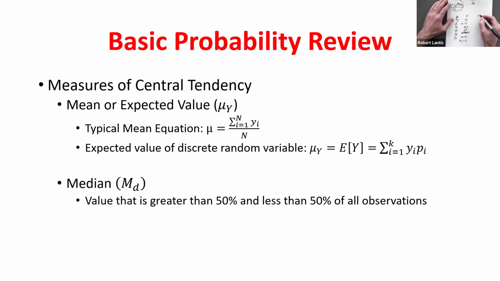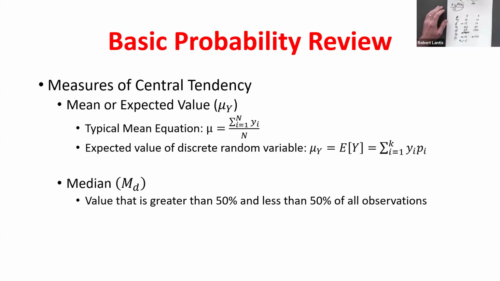Now, let's say I've got a very similar data set, but with 150 here. So I now have one extremely large value. If I were to find the mean of this data set, it would be 200 divided by 5, so 40.